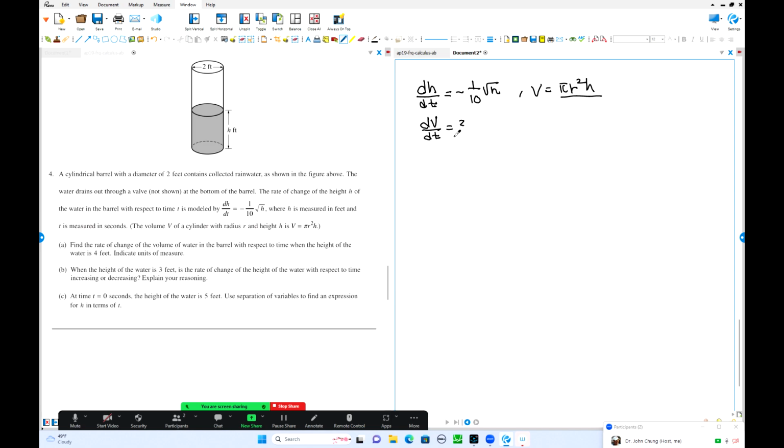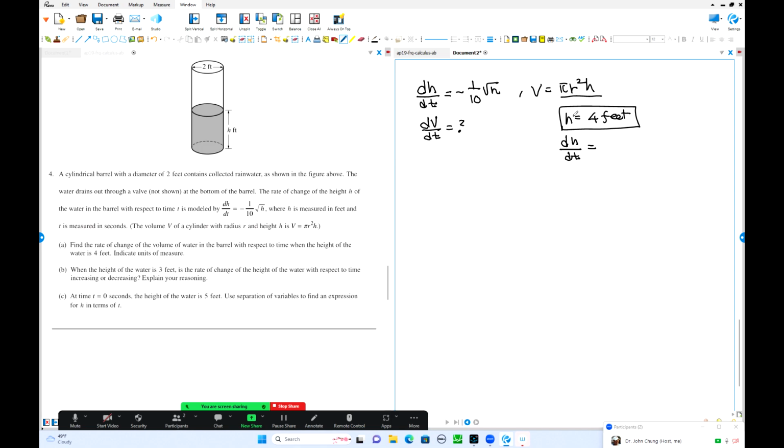There is some situation here. The height of the water is 4 feet, when h equals 4 feet. At this moment, dh/dt is what? From here we can say dh/dt at h equals 4.